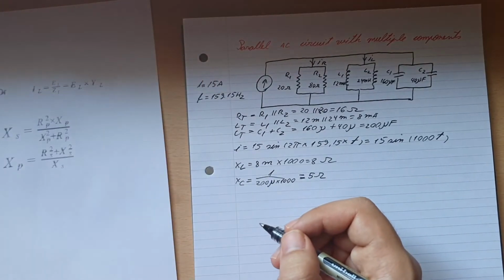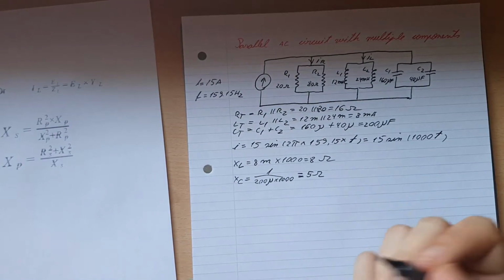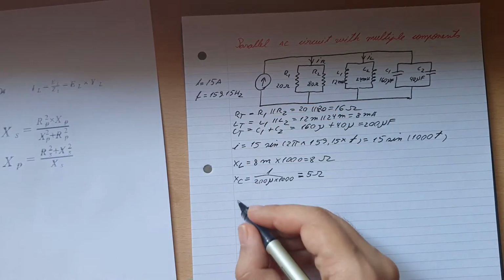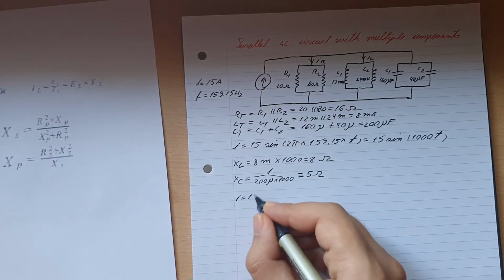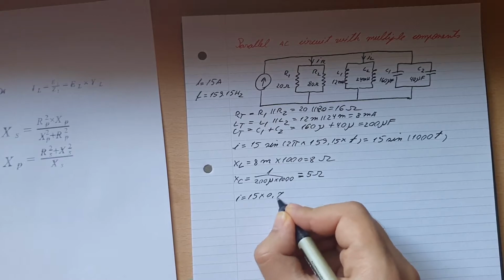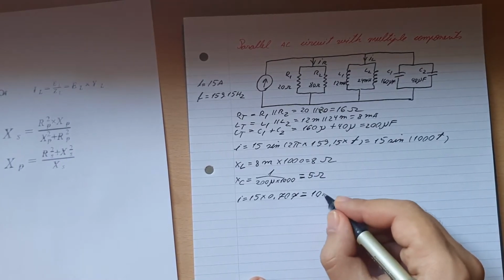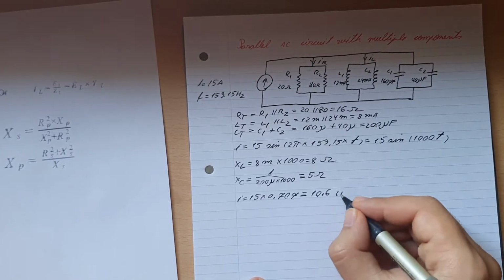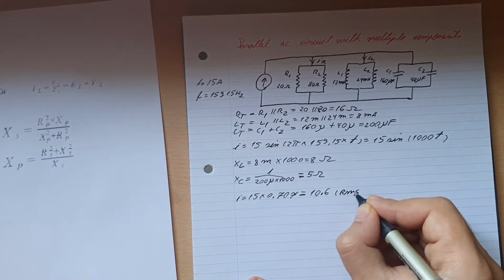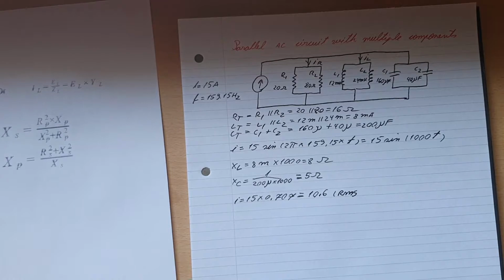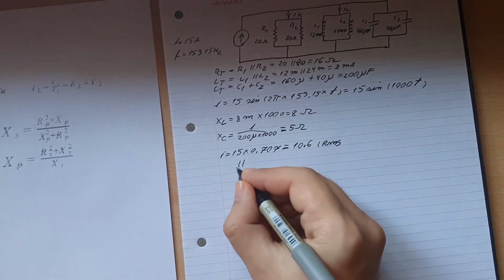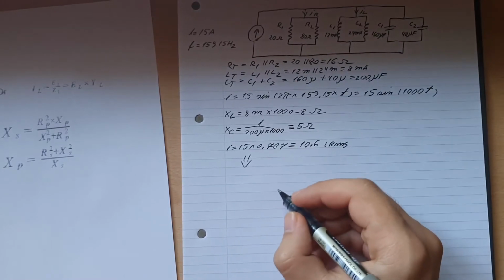Okay, and we can also calculate the RMS value of the current. So I is equal to 15 times 0.707, which is equal to 10.6. This is the RMS value, the value that we use to calculate an AC circuit. So from all of this, we can redraw the circuit like this.